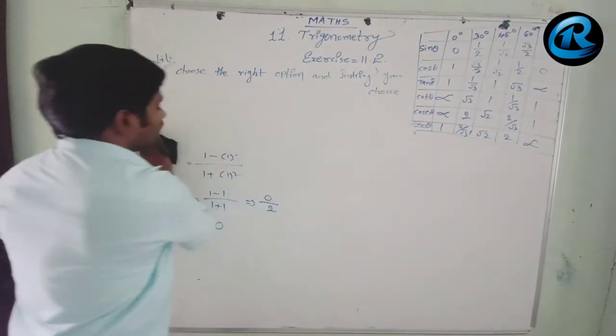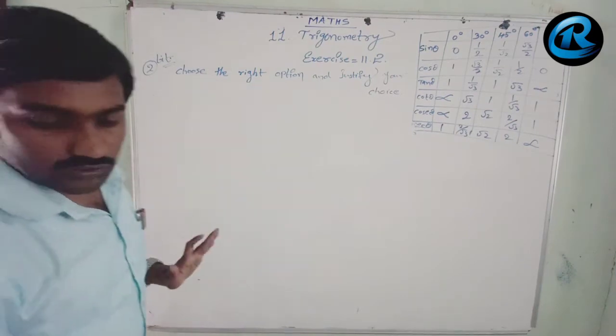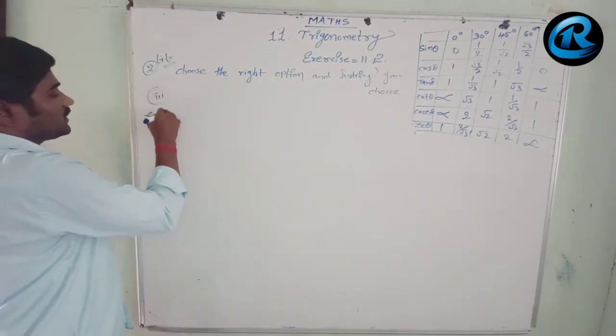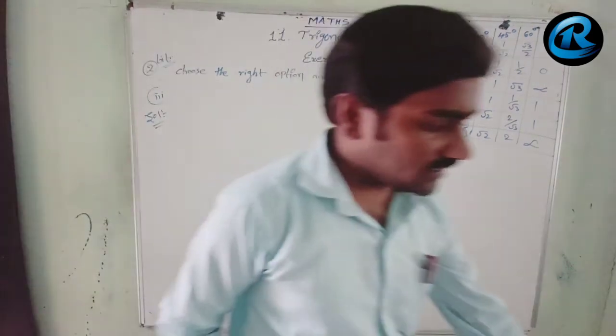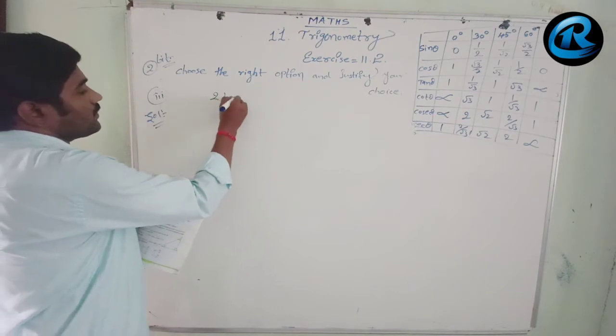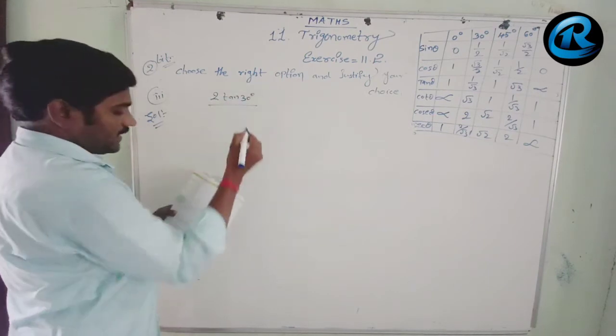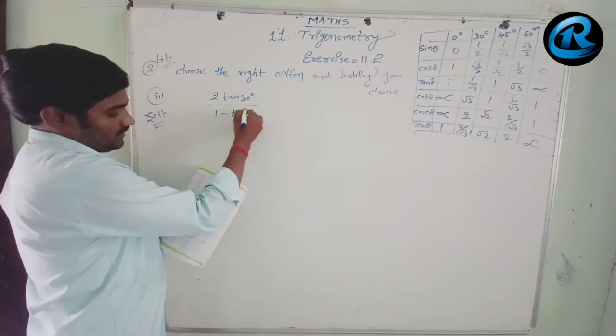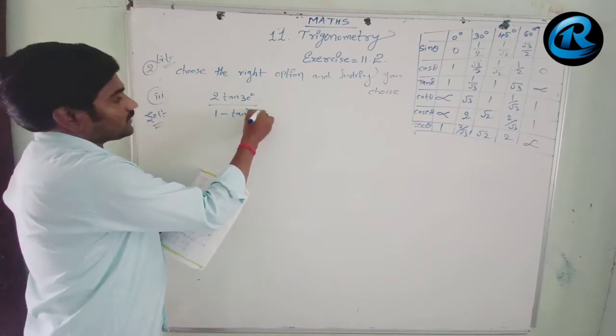And now let us go for question number 3. Question number 3 is 2 tan 30 degrees by 1 minus tan square 30 degrees.